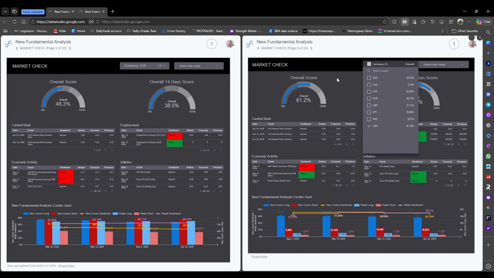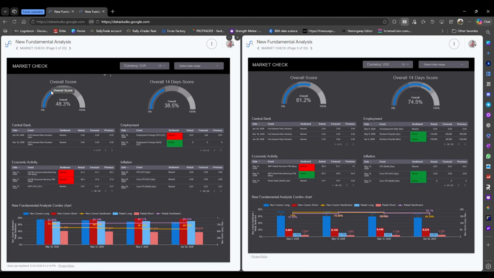Now, by merely looking at both screens, by merely looking at the overall score, we can see that the euro is less than the dollar, the dollar being at 61.2% and the euro being at 48.3%. But in the recent 14 days, and this is how it actually works, if the recent 14 days is bullish, I expect the overall to start to tilt towards the green side, or rather tilt bullish.